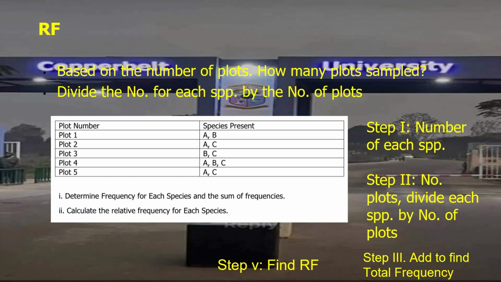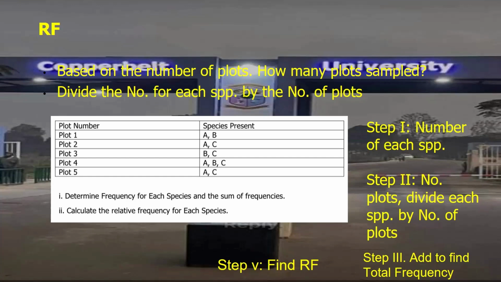So we start with species A. What was the frequency for species A? It's 0.8 divided by the total frequency, which is 2.2. That gives us 0.3636 times 100.